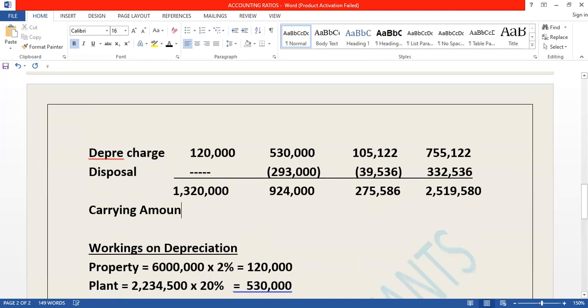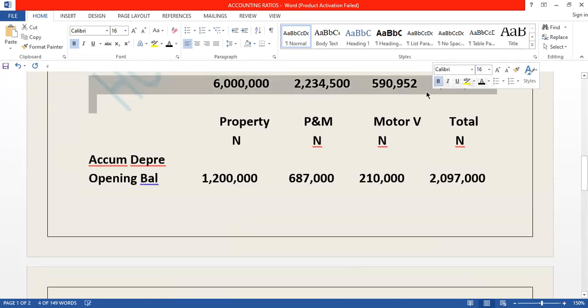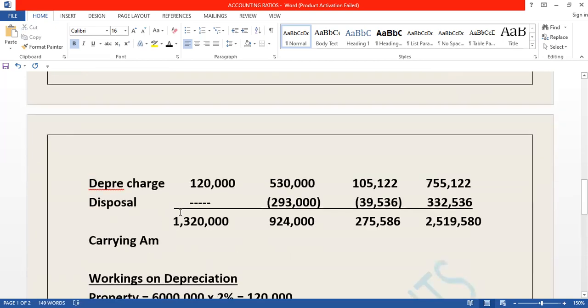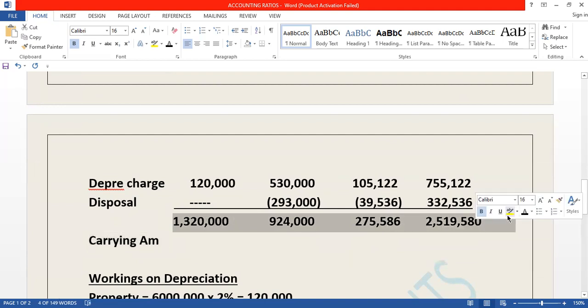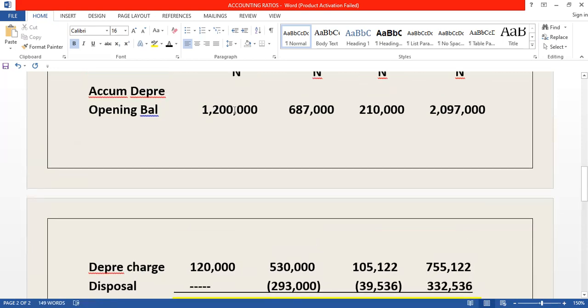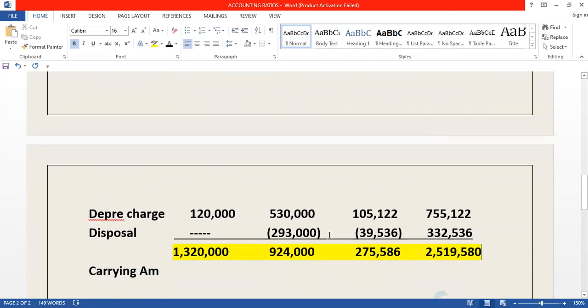So all we have to do now is to get the carrying amount. And how do you get that? This figure, you see here, minus the total figure you have there. So whatever you have is your carrying amount. But let's cross-check again. Our opening balance is this figure and this figure and that. Then depreciation charge for the year is this.